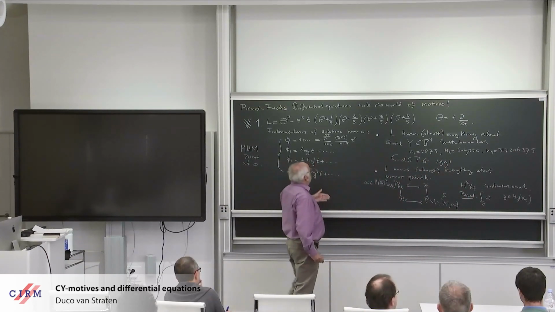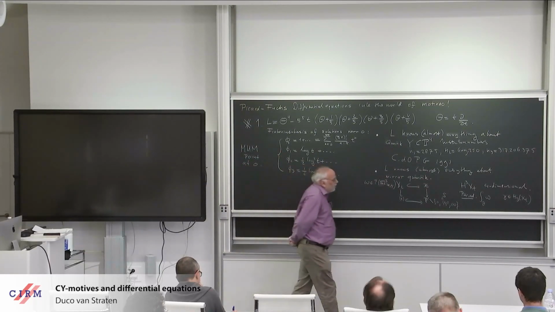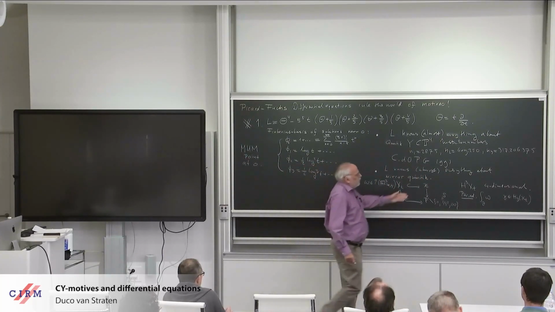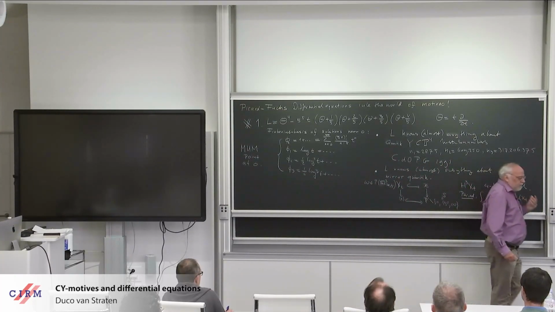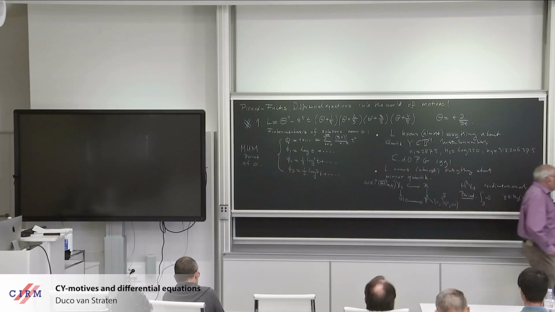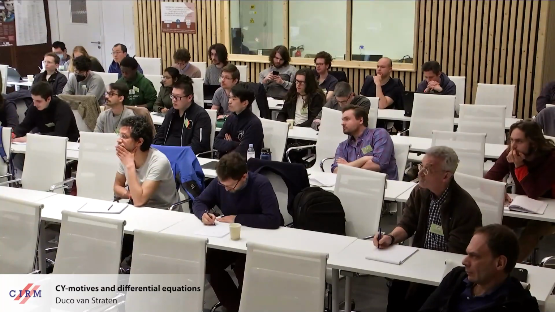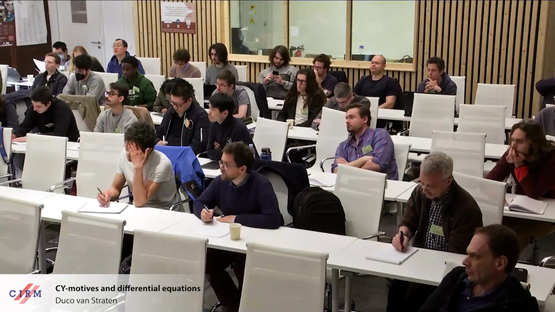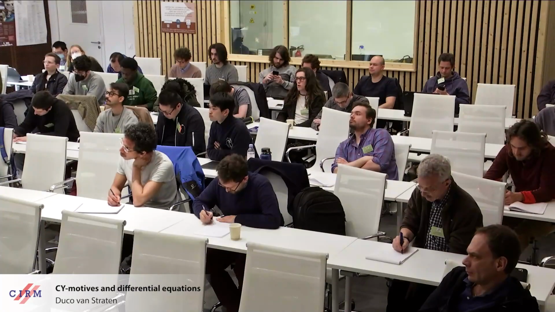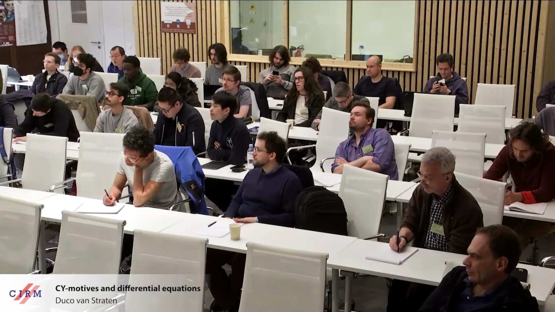And these periods all satisfy the same differential equation, so it can be expressed in these special period functions. So, of course, this cohomology group has many structures. So, first of all, it's a Hodge structure, with Hodge numbers 1, 1, 1, 1.